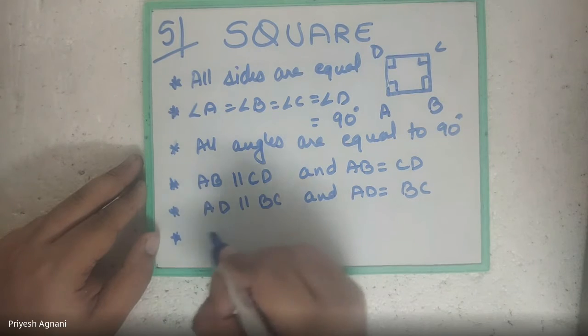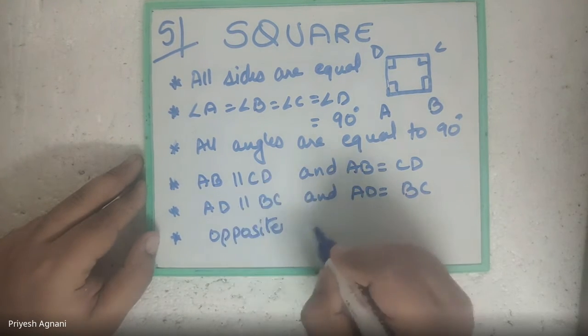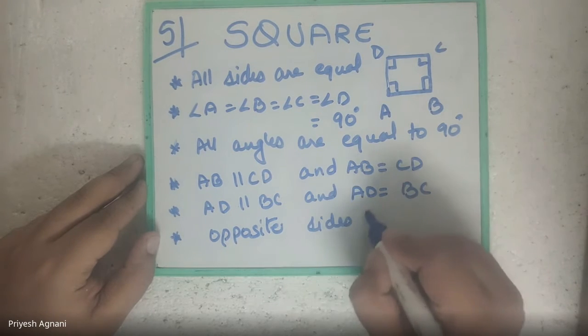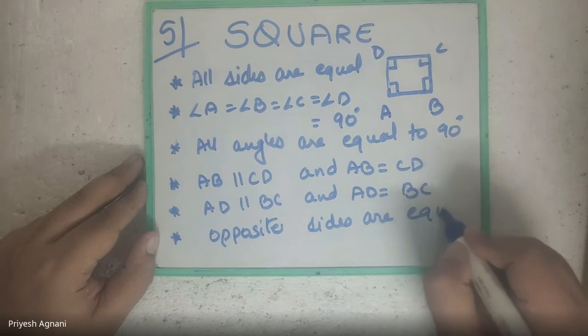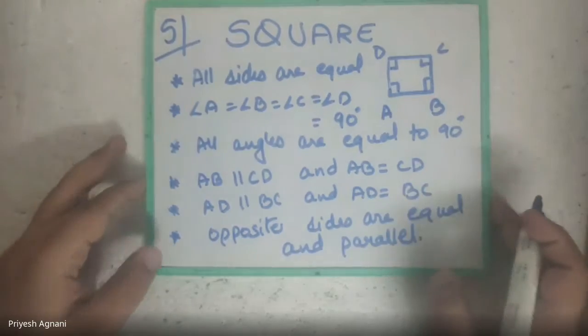The last point: opposite sides are equal and parallel. Please write it down.